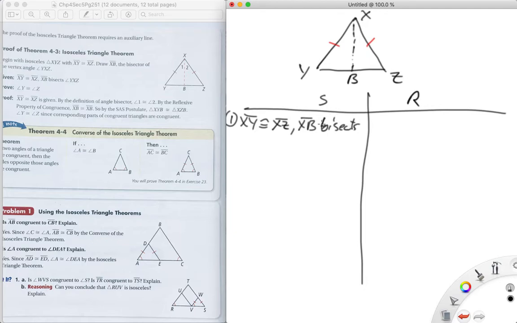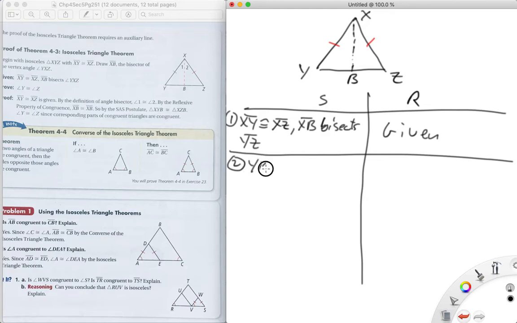So essentially we're drawing an auxiliary line. If that's the case, then I can say that YB is congruent to BZ, by definition of midpoint.